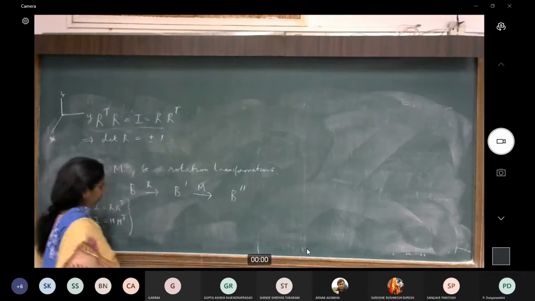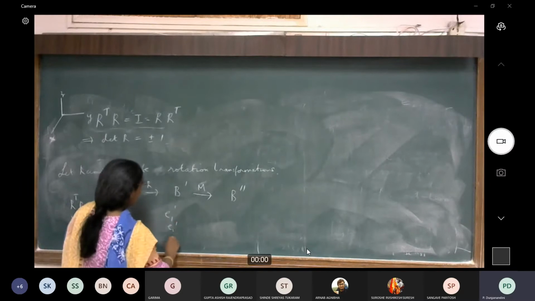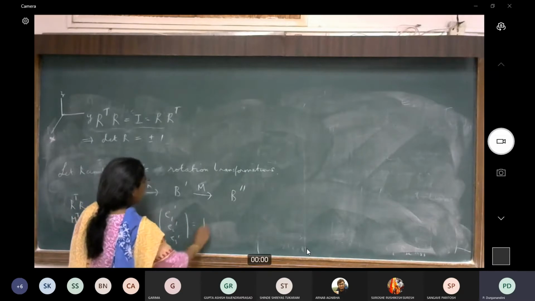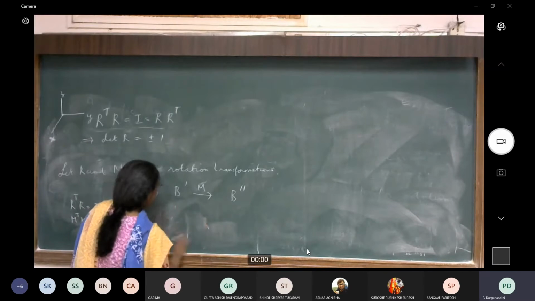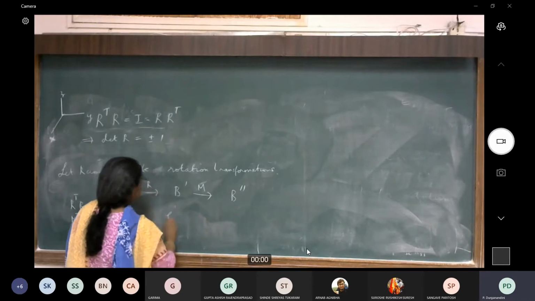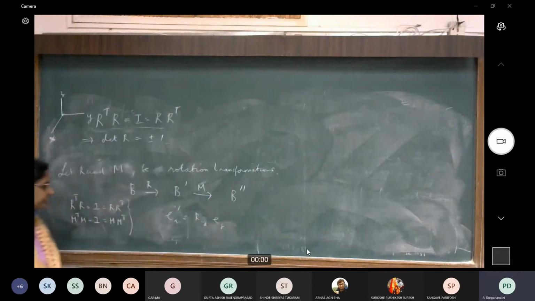Now if you go back to my way of doing this, it was E1 prime, E2 prime, E3 prime equal to R. So let's write it like this: Ei prime equals Rij Ej. This is how we write it.